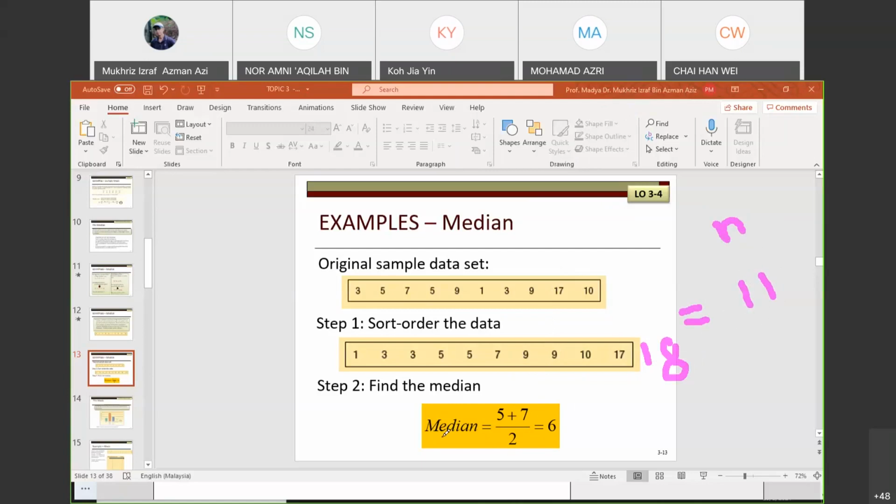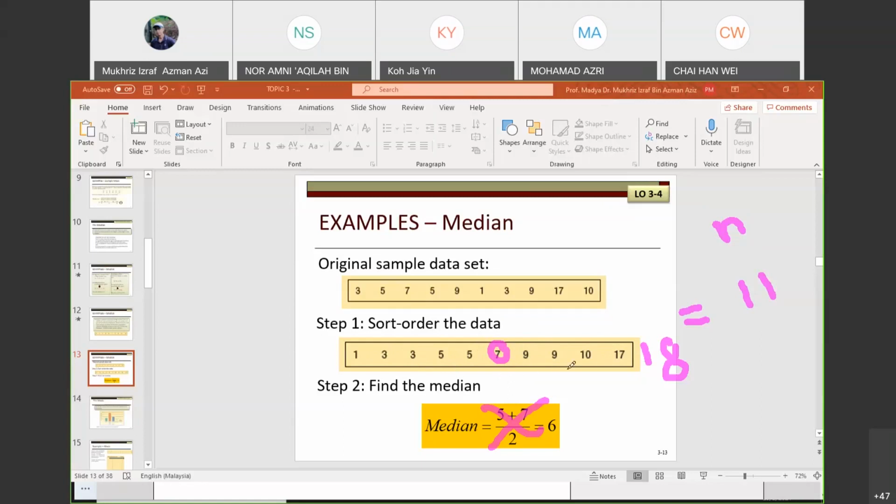So now you need to use this approach, because if your observation count is 11, the median will be the 1, 2, 3, 4, 5, 6th number. This will be our median, because if you divide into 2, you get half. This is one half, this is another half, so 7 will be the number in the middle.